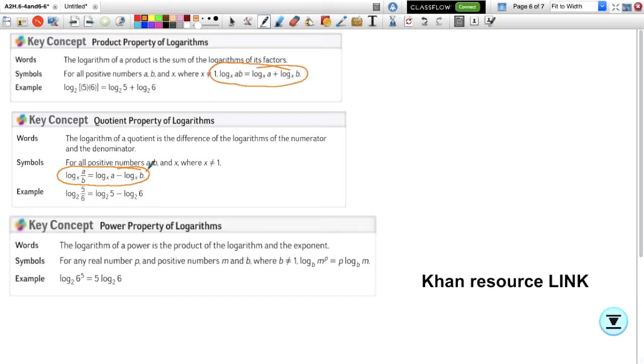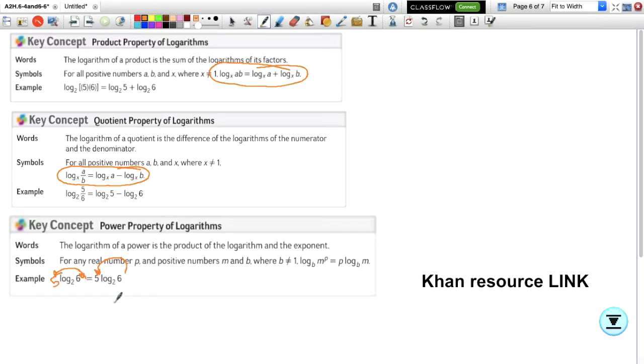Same exact thing. And then lastly, we have the power property of logarithms, which tells you if you have log base something, and the of piece right here has its own exponent, you can just take that exponent and put it right out front and make it a coefficient. So that 5 that was a power could also be written as a coefficient here.